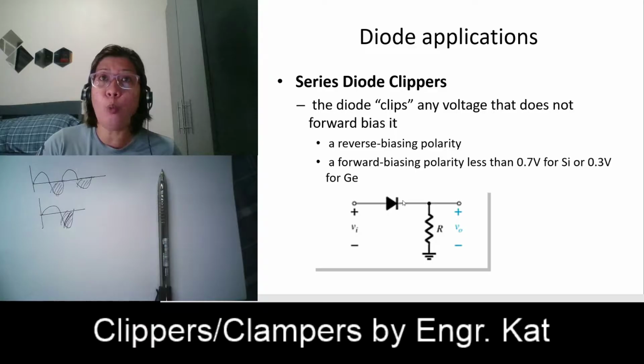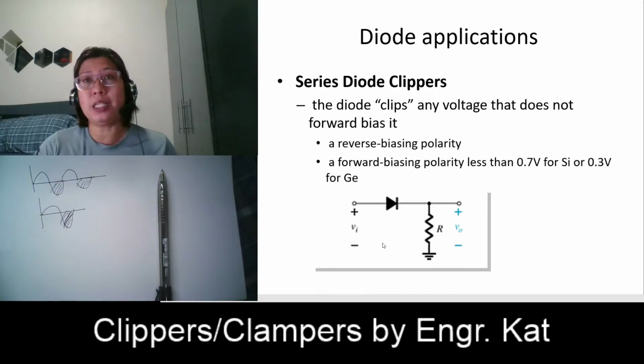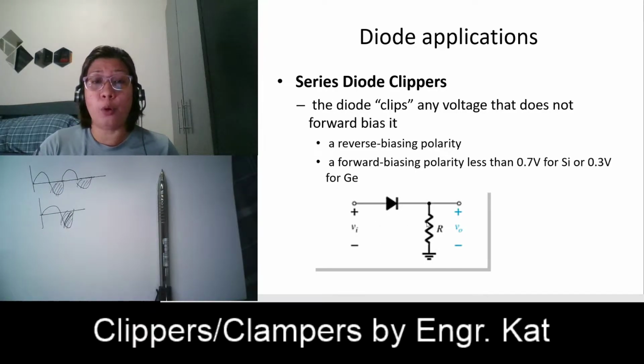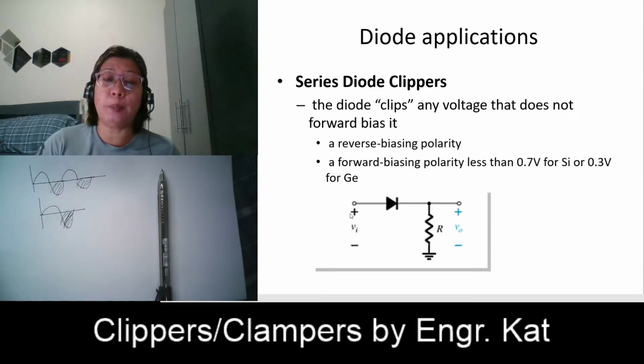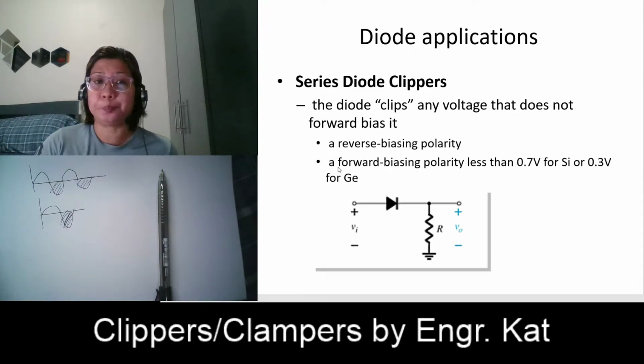Once this is open, since this is a series circuit, no current will flow across your load resistance. Also, even if this is positive at the anode, a forward biasing voltage less than 0.7 volts for silicon or 0.3 volts for germanium will still clip off, making this circuit an open circuit. So it is not just that it is plus at the anode.